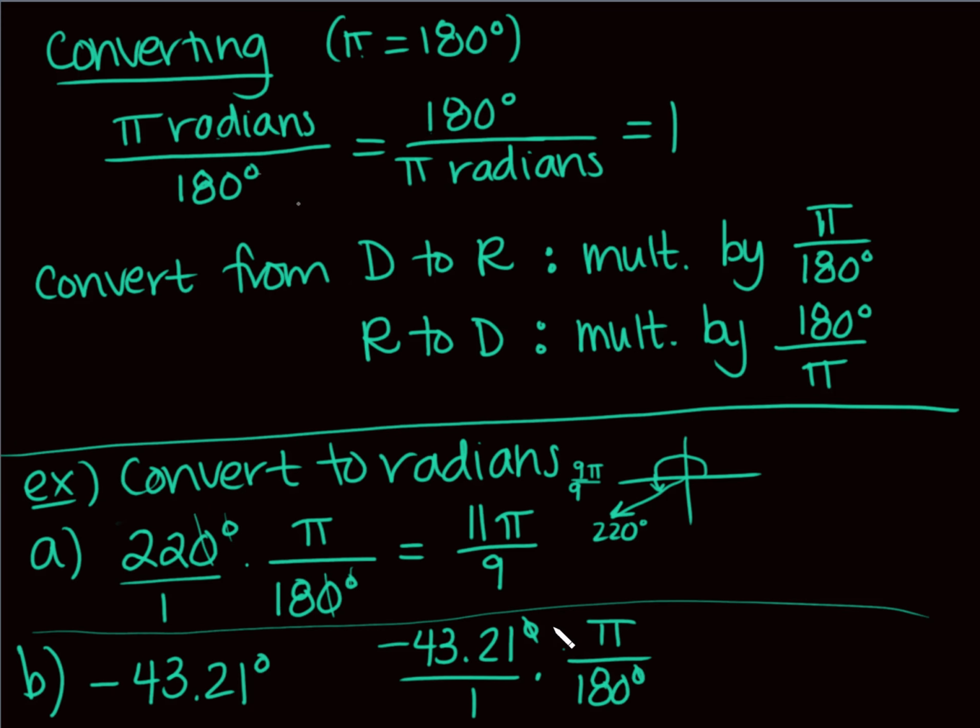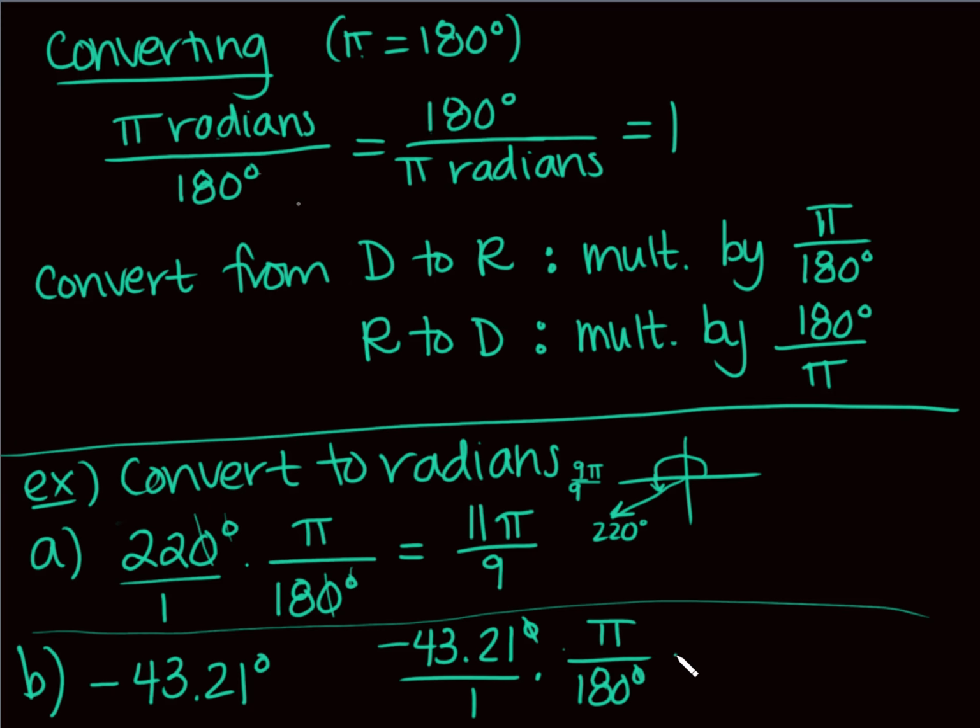I could leave it like that if I just wanted to leave it as a multiple of pi. I could leave it as negative 43.21 times pi over 180, or it might make sense to talk about this actually in radians. So I'm going to do 43.21, first divide it by 180. It doesn't matter which one you do. And then I'm going to multiply this by pi.